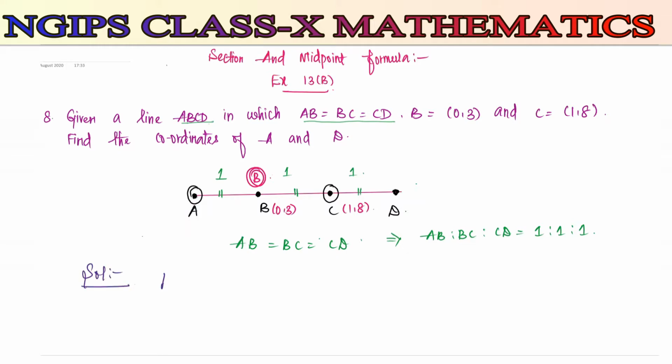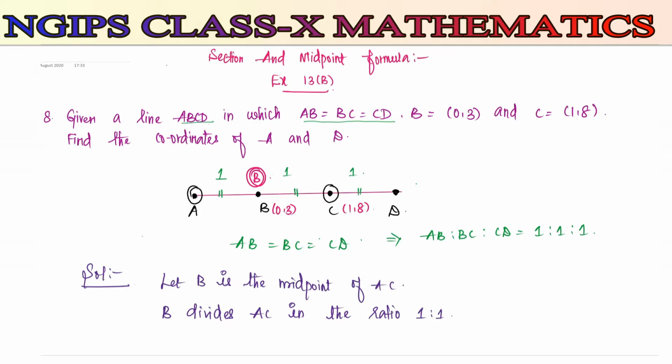Let B be the midpoint of AC. Now if we consider that B divides AC in the ratio 1 is to 1, then when the ratio is 1 is to 1, we can say it is the midpoint.